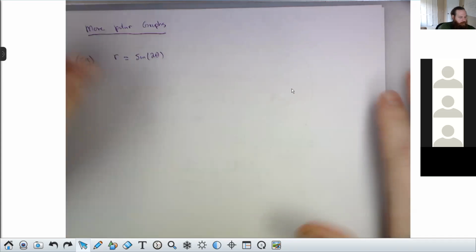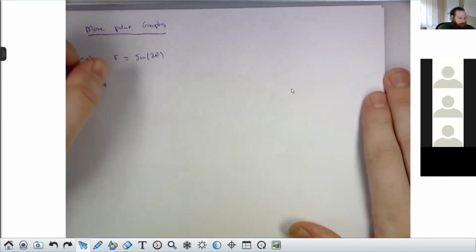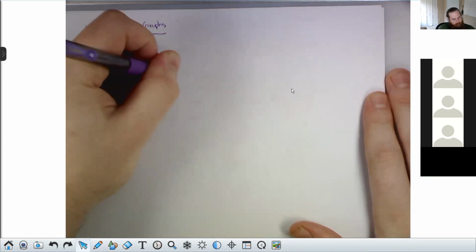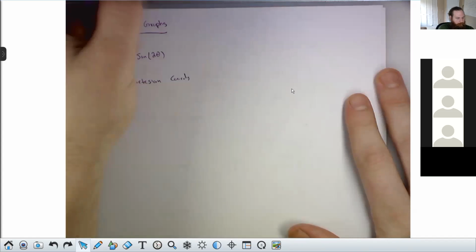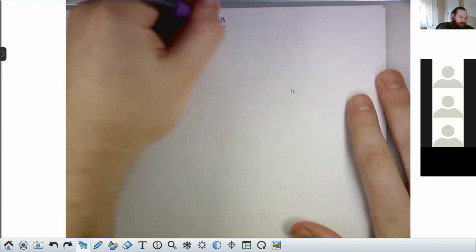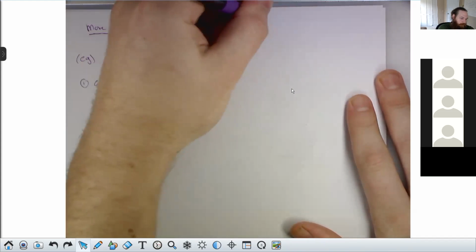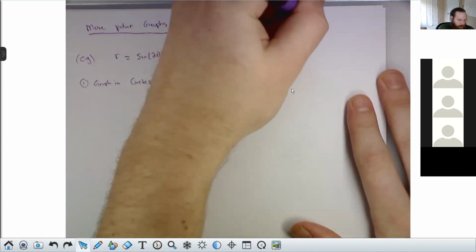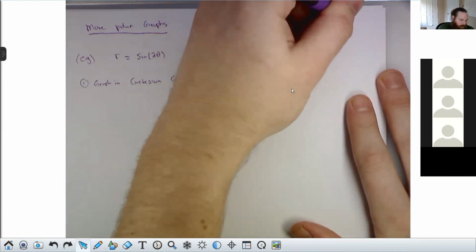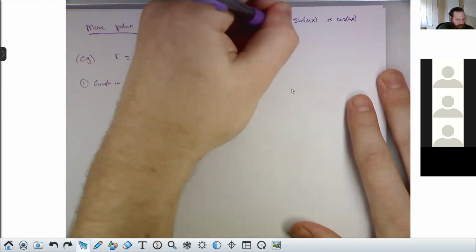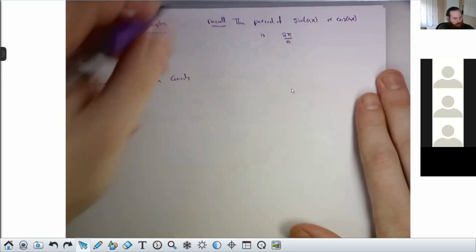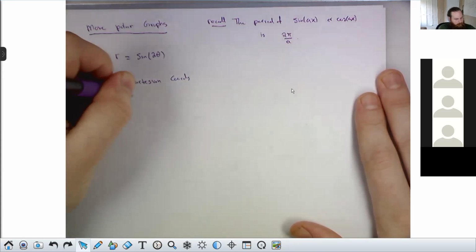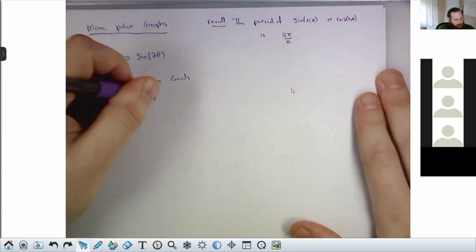Remember, the trick is to first graph in Cartesian coordinates. Recall that the period of sine AX or cos AX is 2 pi over A. So this guy has period 2 pi over 2, which is pi.